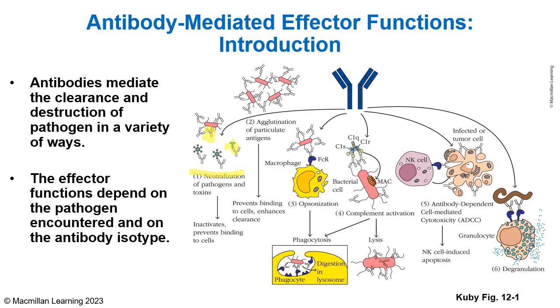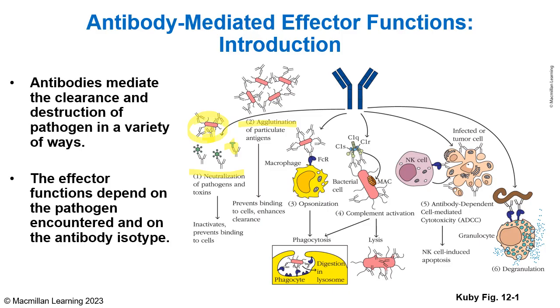The second thing the antibodies can do is agglutination. That is a property related to neutralization, because when you talk about neutralization, you are talking about neutralizing one bacterium right there.